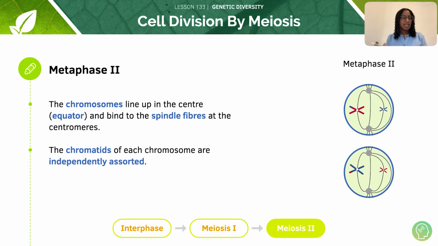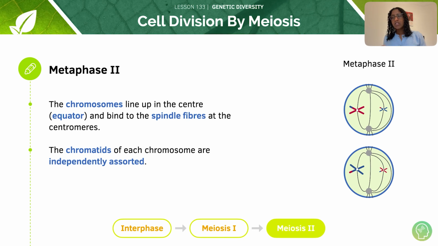So all this means is that within the homologous pairs, chromosomes are randomly organised on either side of the equator. So this means that it's completely due to chance which side of the equator the maternal or the paternal chromosomes are pulled towards. So we call this process independent assortment, or you sometimes might have heard of it as independent segregation.